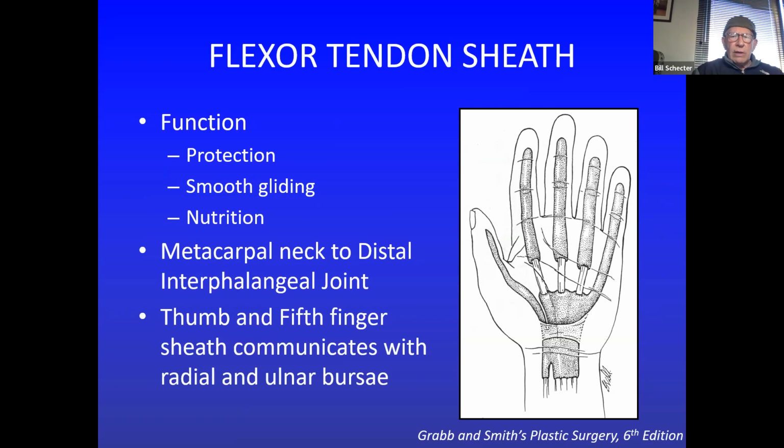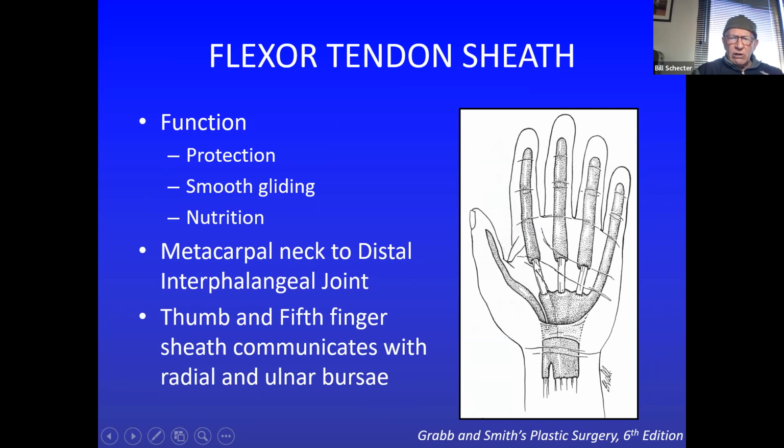Now we're going to talk about the flexor tendon sheaths. And remember that this is a fibroosseous tunnel that goes from mid-palm until the distal phalanx, and it serves to protect the tendons.